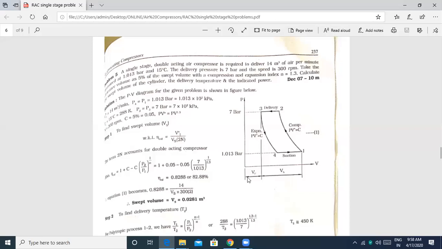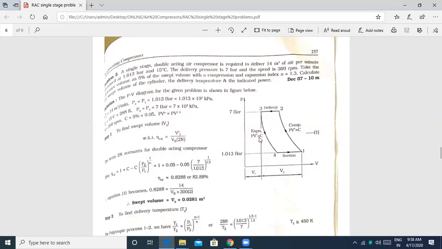Up to this portion it is clearance volume. From here to here it is stroke volume. And the total cylinder volume is Vc plus Vs, remember. So this is the clearance volume. They have given in the problem that the clearance volume is 5% of swept volume. And the expansion index is 1.3, that is PV raised to 1.3 equals constant for both compression and expansion processes.